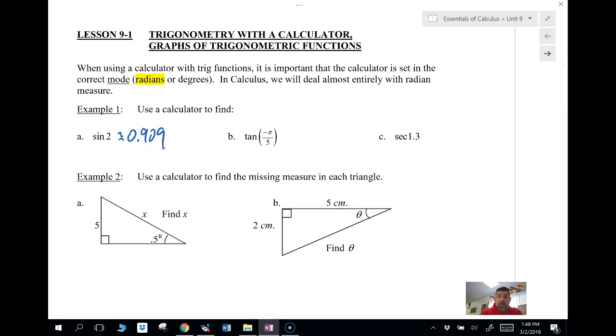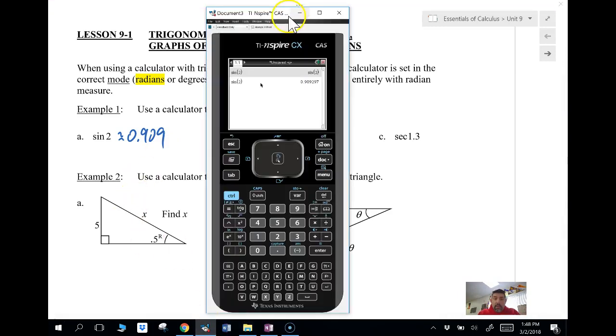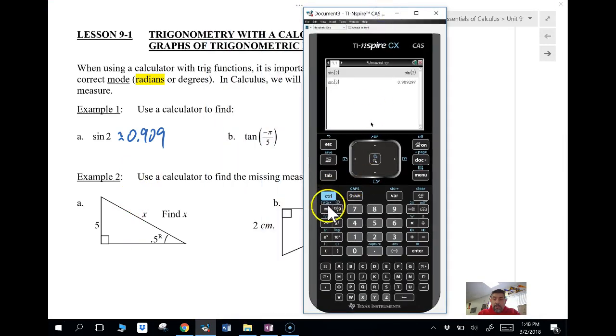All right, so then let's take a look at these other ones here. Tangent. So hit trig. Tangent of negative, and I'm going to hit this little button here to give me a fraction. Pi is down here over 5.